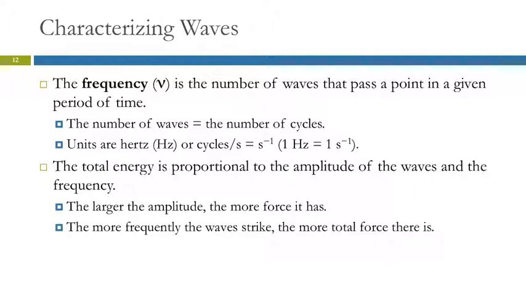The tall ones, right? They're going to knock you over because they contain more energy. So higher amplitude, more energy. What about the frequency? Are you going to be more or less pounded if the waves are coming more frequently? You're going to get banged up more than if they're just coming every once in a while. So high frequency, more energy.